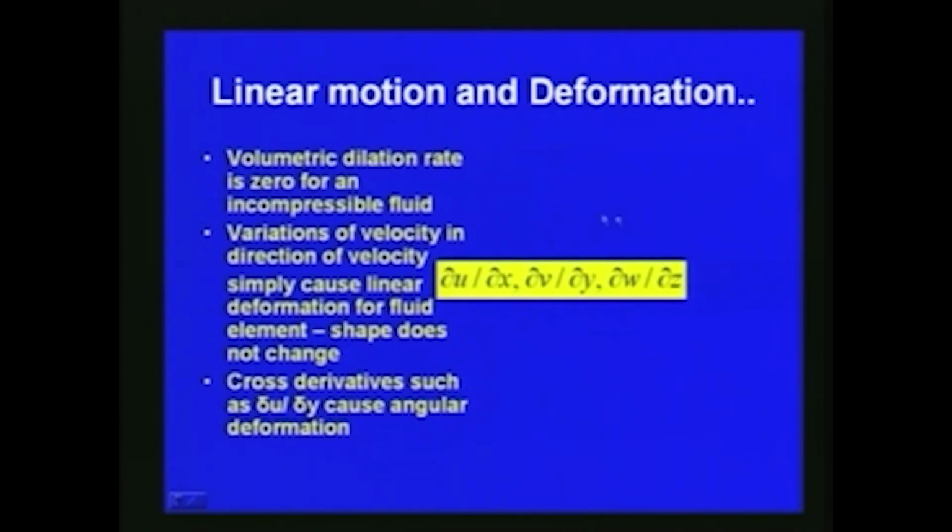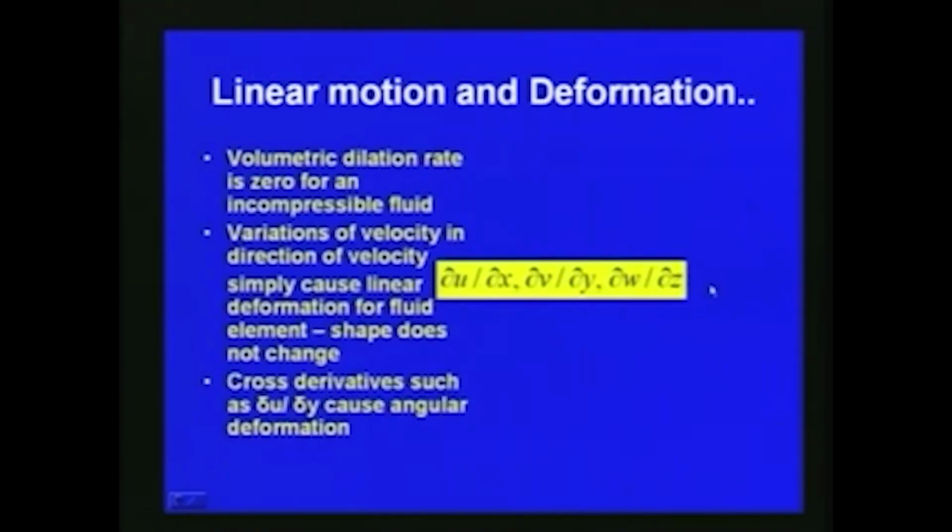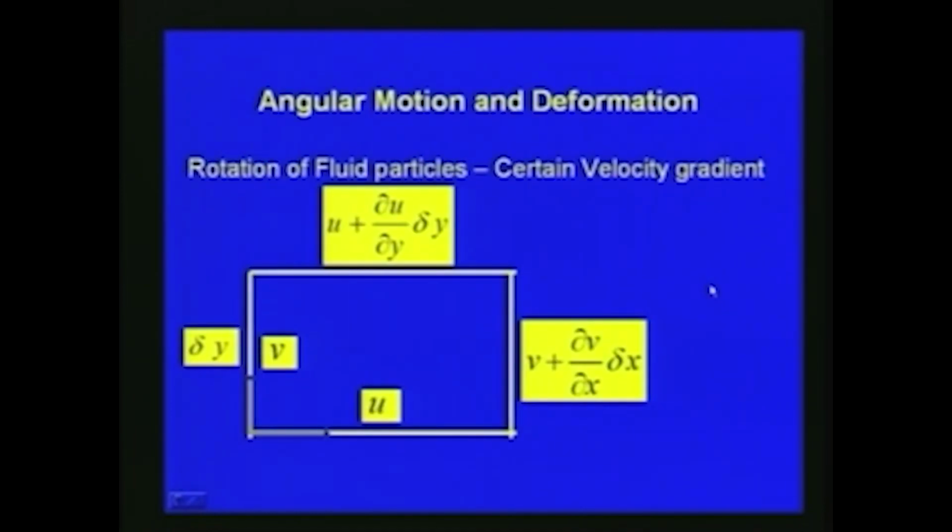So del u by del x plus del v by del y plus del w by del z is the total volumetric dilation. Now we will further elaborate on the case of angular motion and deformation.